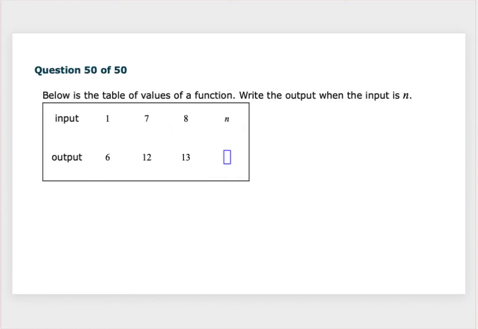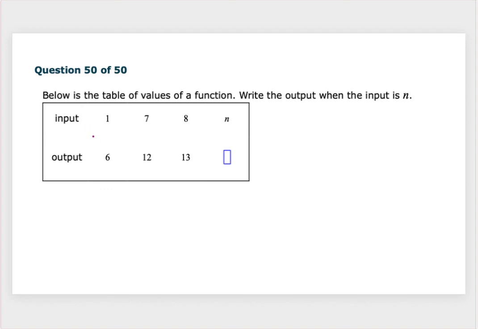And question 50. We have an input and an output chart. Below is the table of values of a function. Write the input when the output is n. Write the output when the input is n. So here, let's look for a pattern. 1, 6, 7, 12, 8, 13.